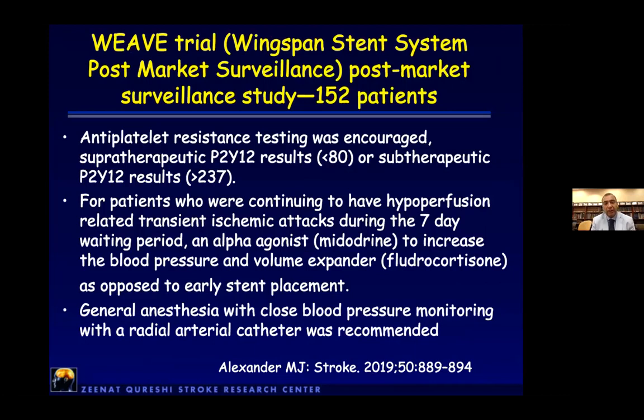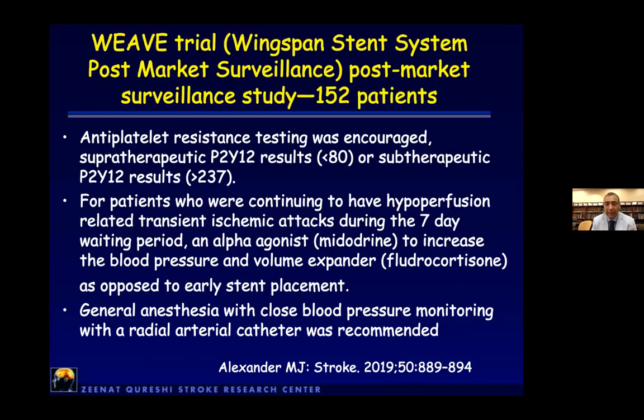Now, there was another trial called the WEAVE trial, a post-marketing surveillance study after the SAMMPRIS trial to test the new FDA on-label criteria, and it recruited 152 patients. In addition to all the standard parameters specified in the new FDA on-label criteria, it also required testing for antiplatelet resistance.